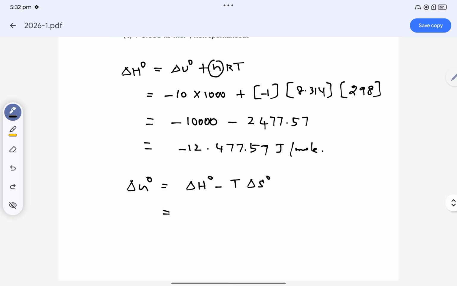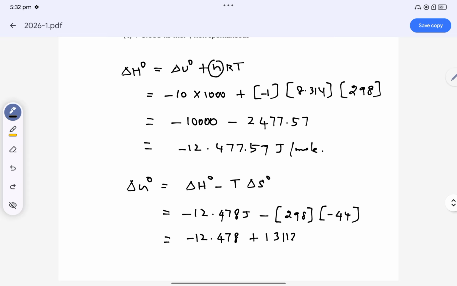So here we have this value, minus 12,478 joule, minus T. What about the T value? 298 Kelvin. Here delta S is also given as minus 44. I may get the value as minus 12,478 plus 13,112.